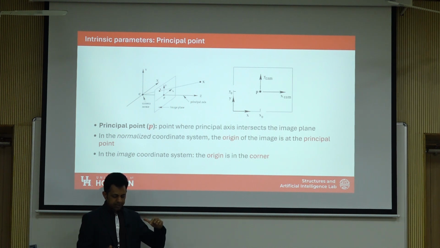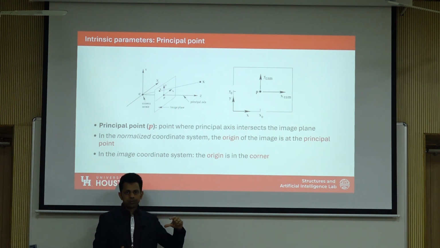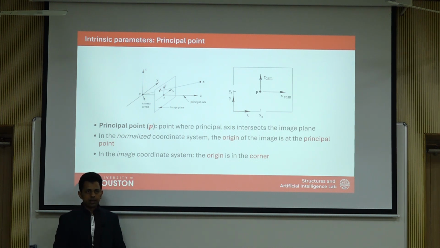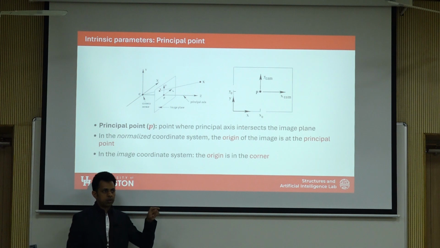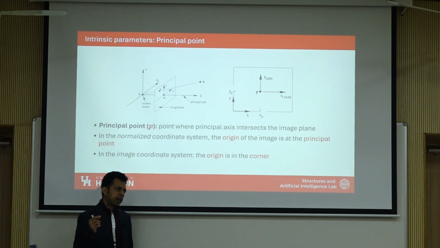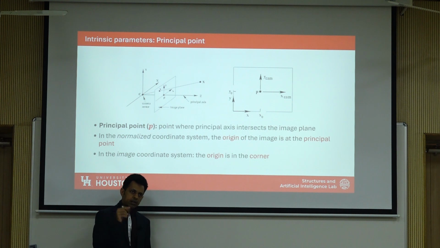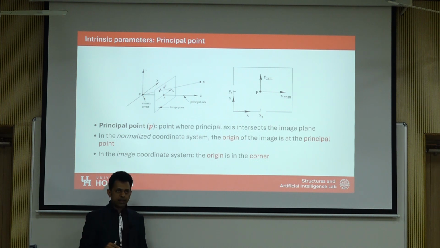But in the image coordinate system, the origin is usually in the corner. And that's just because of the way usually we represent images. So if you open an image in Python or you open in MATLAB, the origin is going to be in the corner. But when you have the ray passing through the camera center onto the plane, then the center of that is going to be at the principal point.